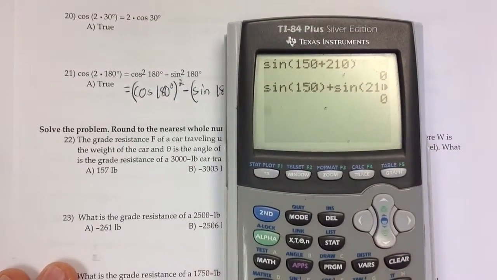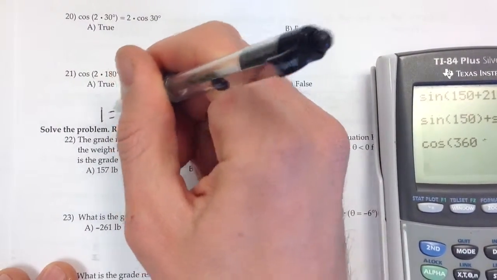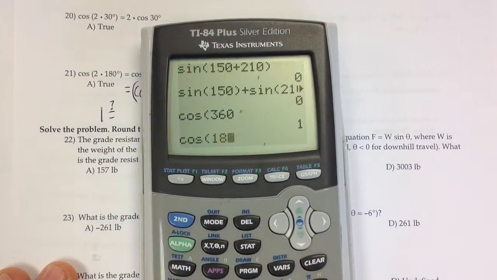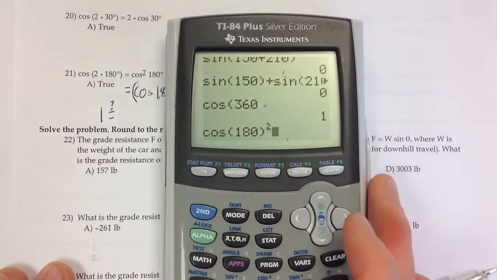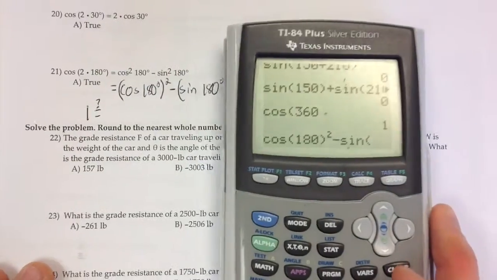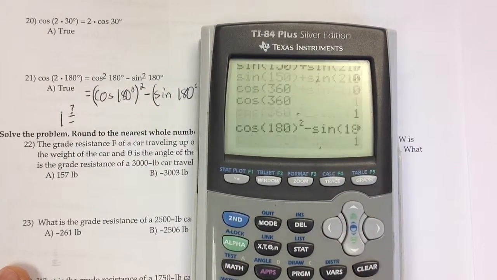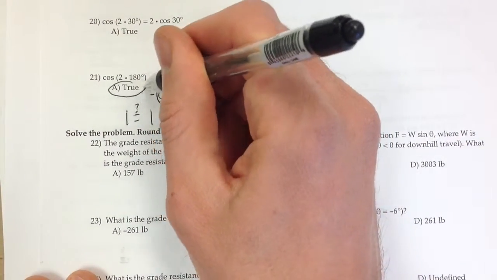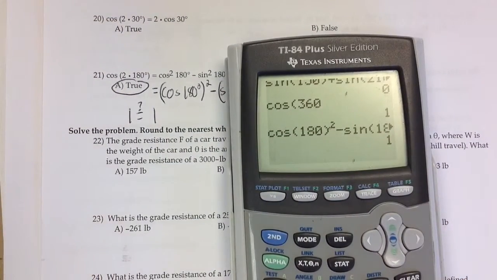So we want to know, does cosine of 360 degrees, which is 1, equal cosine of 180 degrees squared minus sine of 180 degrees squared? Yep. Deep gratitude for the calculator.